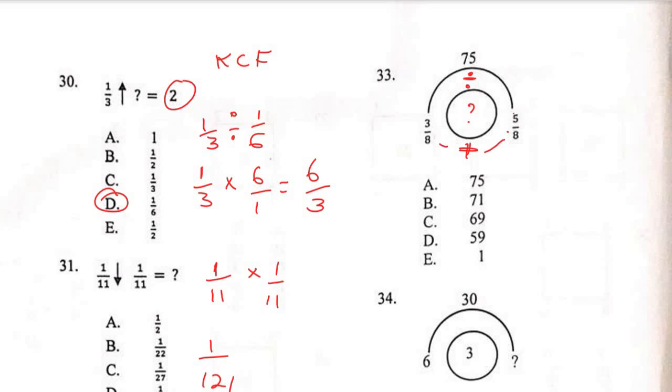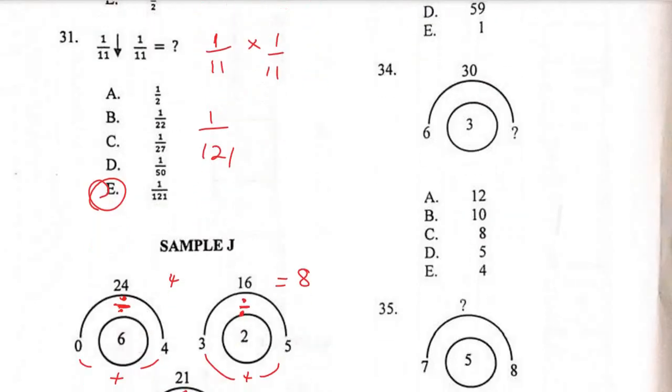So let's get the sum of 3 over 8 plus 5 over 8. Since the denominators are the same, pick one, 8. 3 plus 5 is 8. 8 divided by 8 is 1. So what will you divide 75 by to get 1? So the answer has to be 75. 75 divided by 75 is 1. So the correct option is A.